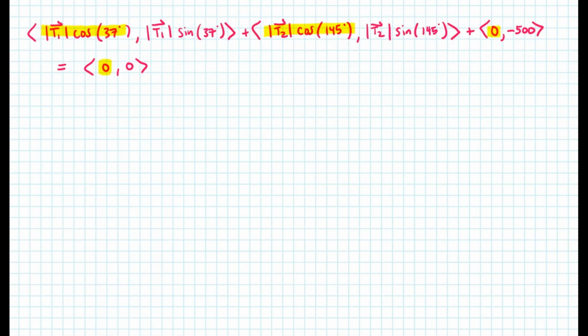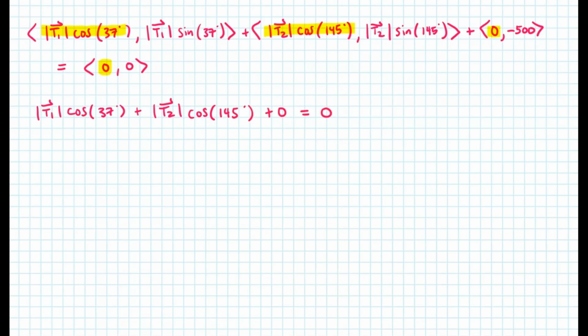So let's go ahead and write an equation that helps us with that. So the magnitude of T1, cosine of 37 degrees, plus the magnitude of T2 times cosine of 145 degrees, plus 0 is equal to 0.